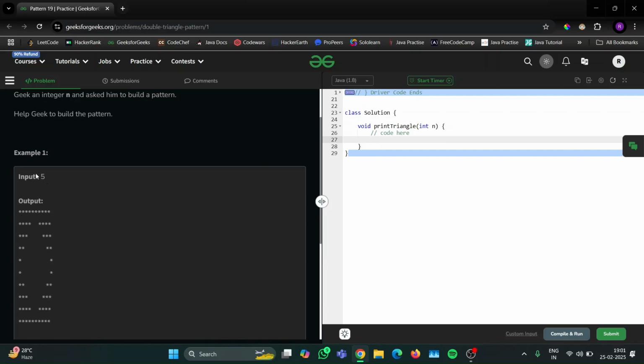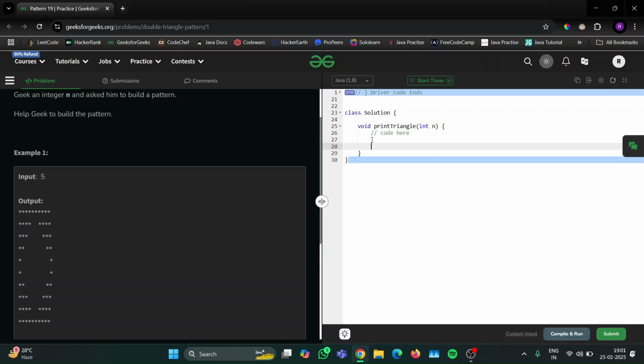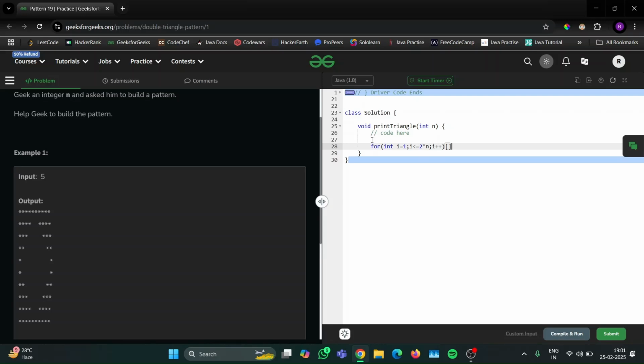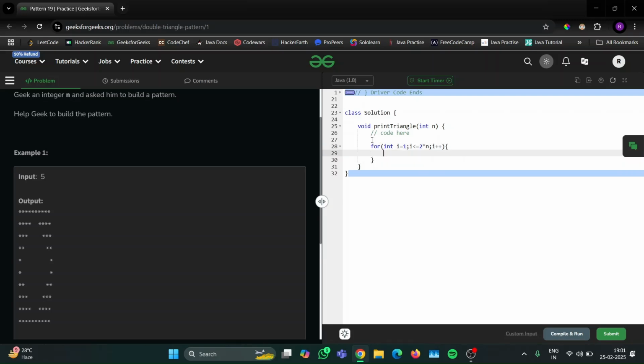As you can see, the input value here is 5 and the number of output lines is 10. So that makes one thing very clear: our outer loop will run for 2 into n times. Here n value is 5, that's why it runs for 2 into n times.